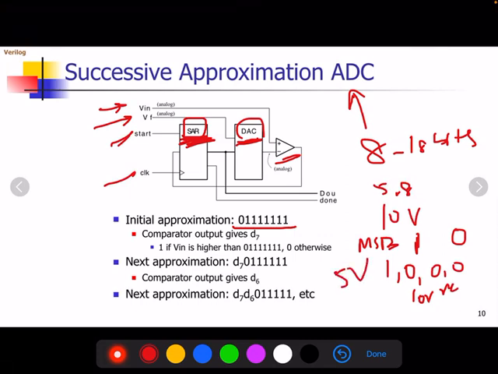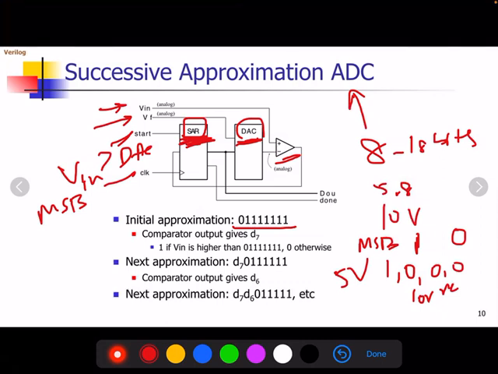This has to be compared with the input voltage, and based on the comparator output, the successive approximation register output is dependent. If Vin is greater than the DAC voltage, the most significant bit stays as it is, MSB is unchanged, and the next bit will be set for a new comparison.